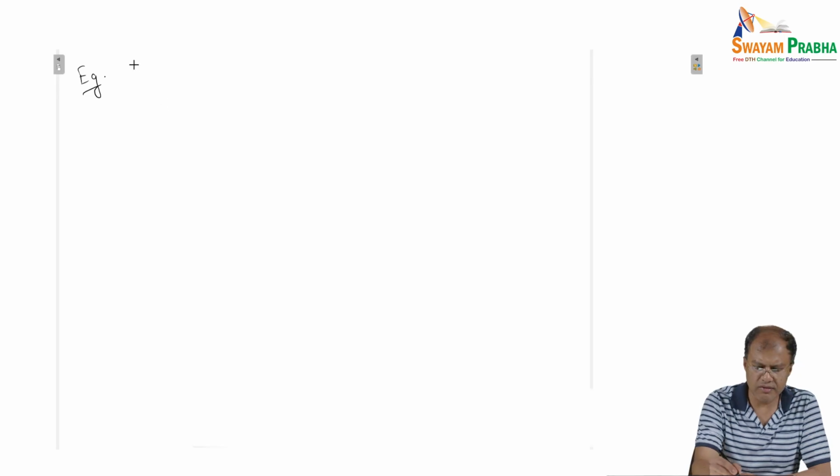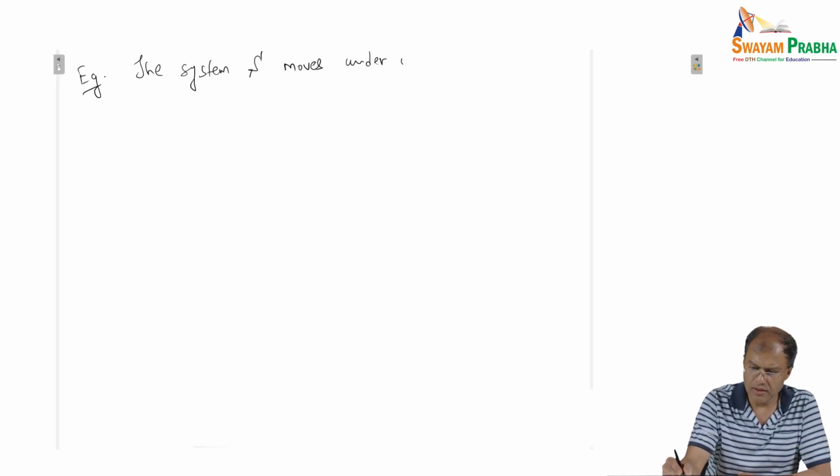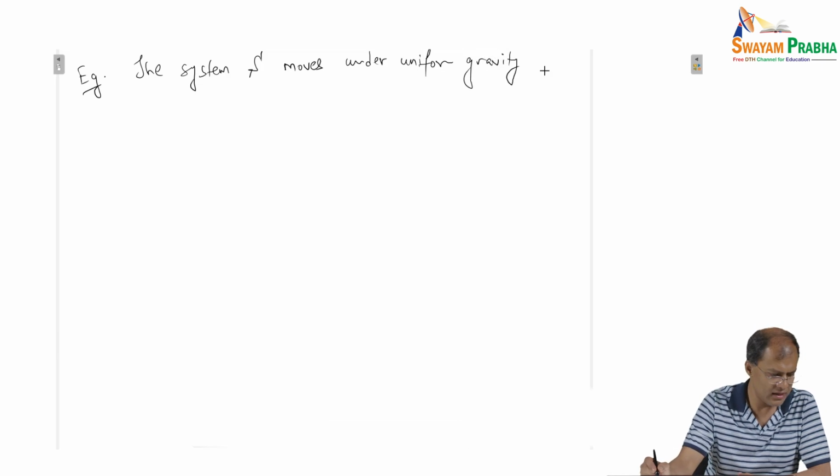The problem says the system S moves under uniform gravity.